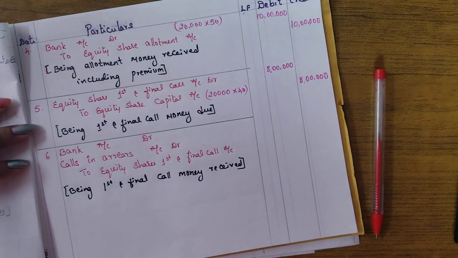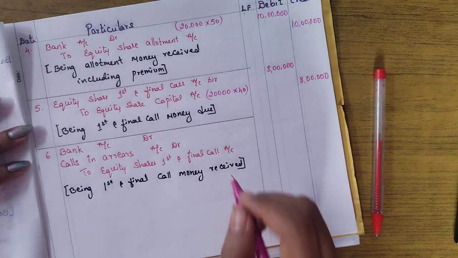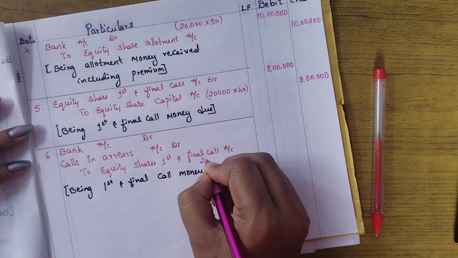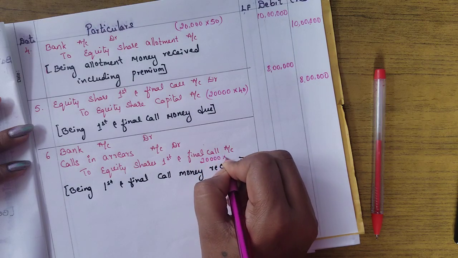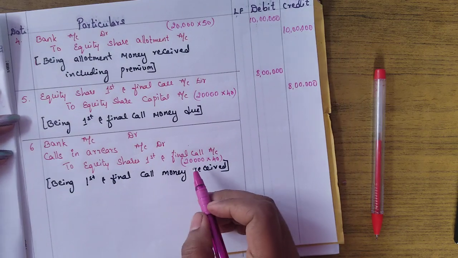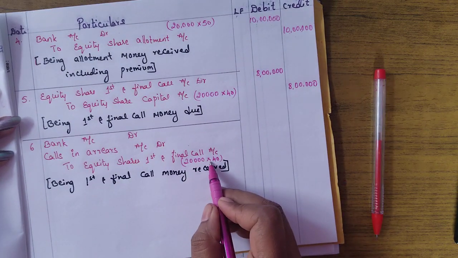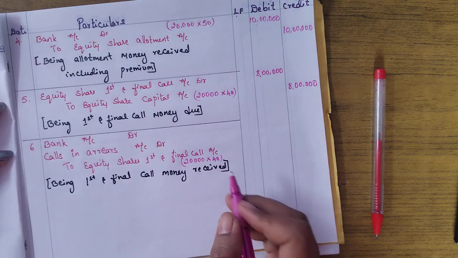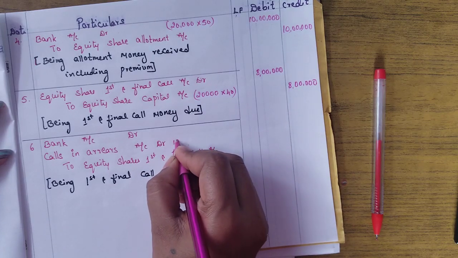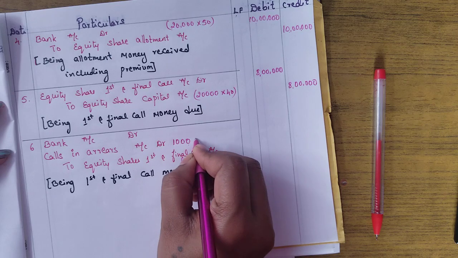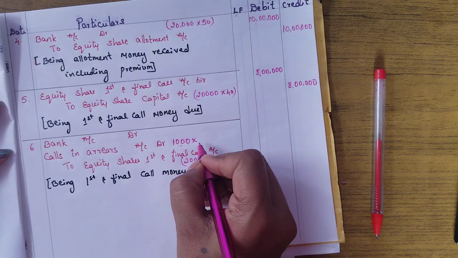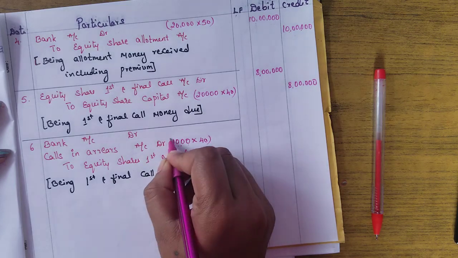Okay, so here the total number of shares is 20,000. I am calculating 20,000 into 40 rupees, the first and final call amount. In this 20,000 shares, 1,000 shares they have not paid, so that becomes calls in arrears. 1,000 shares has not paid, and 40 rupees is the first and final call money.